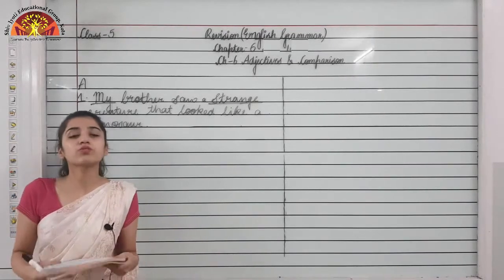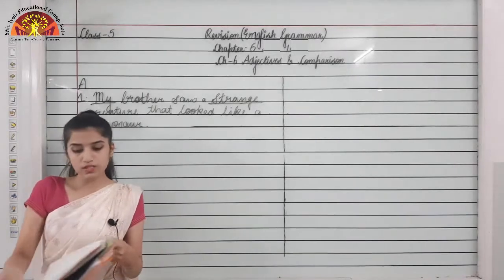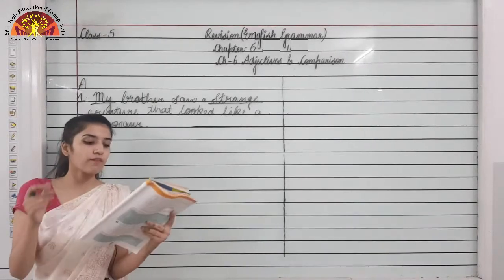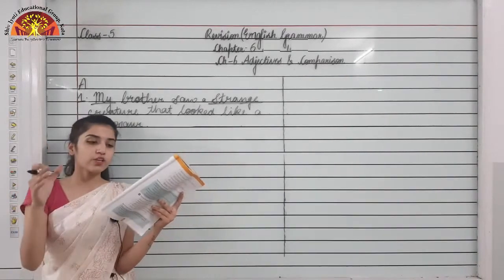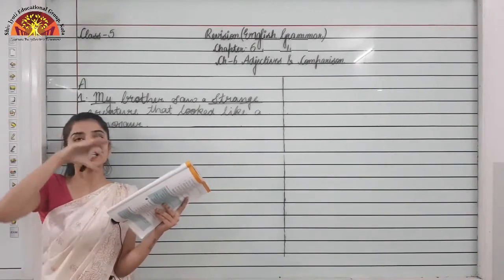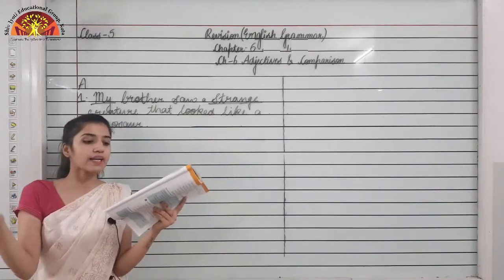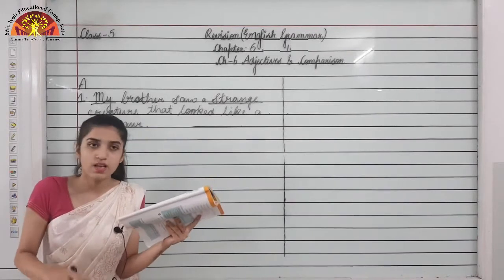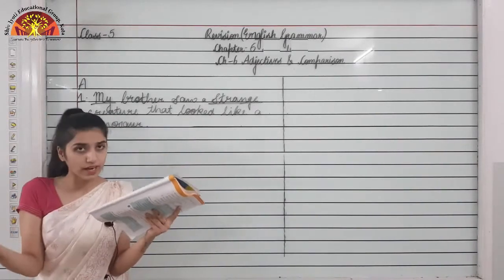Okay, now moving to some more exercises of your book itself. You can find exercise C over there. What you have to do is replace the words which are given in red and write the suitable adjective that is given in the box. Okay, so Sonalika likes to read books that are able to capture her interest. In the help box there are so many adjectives written.